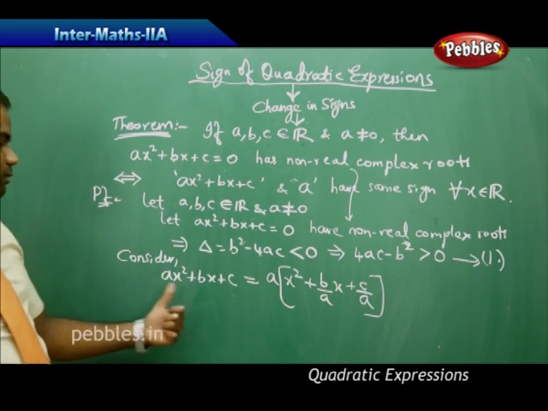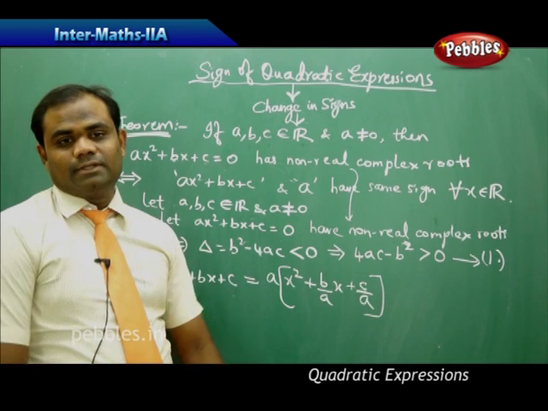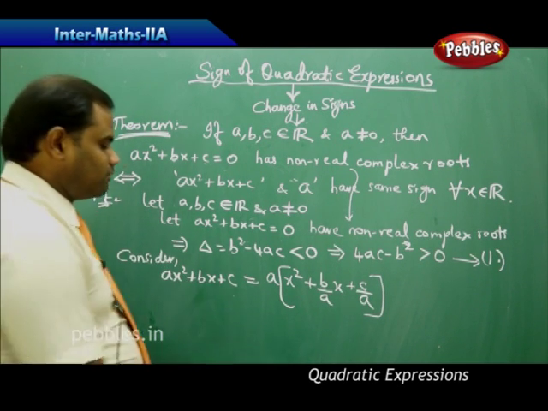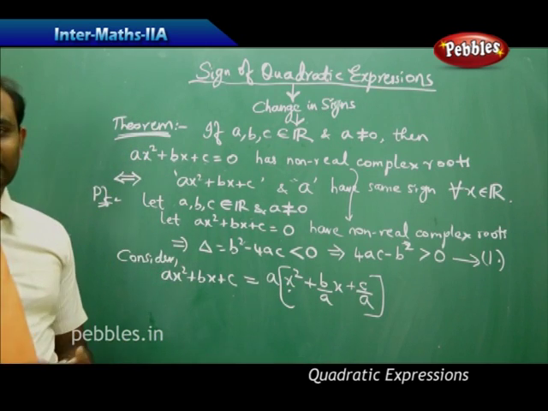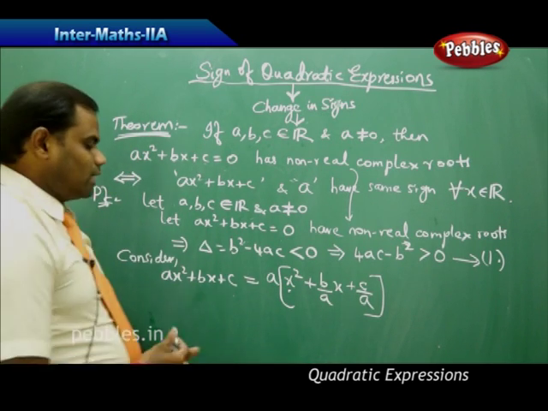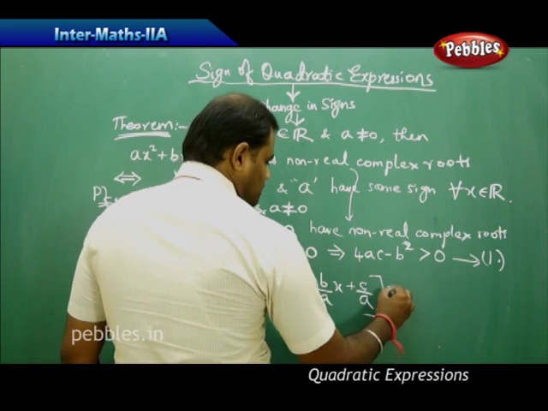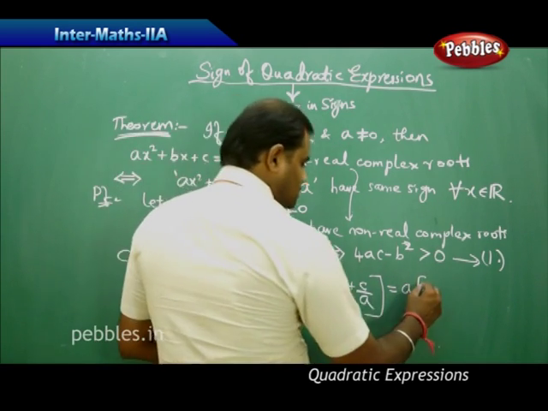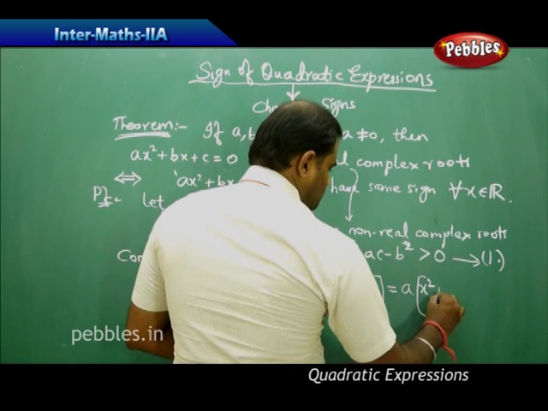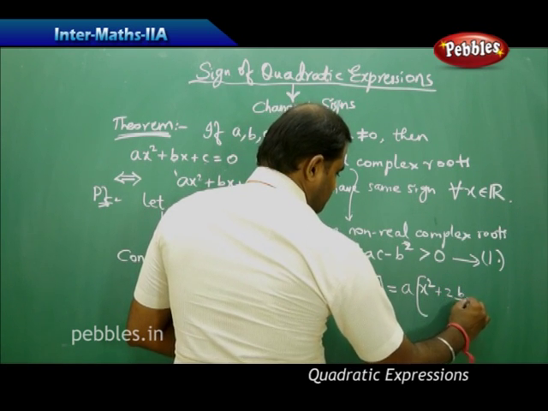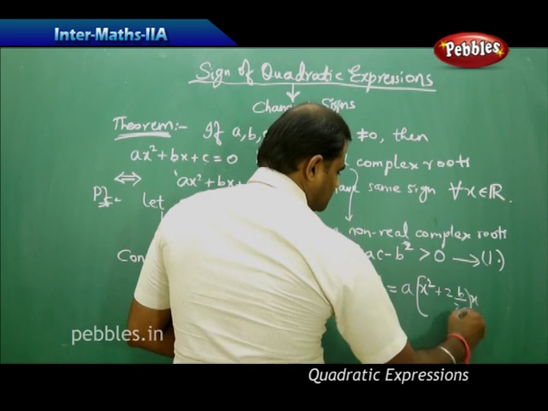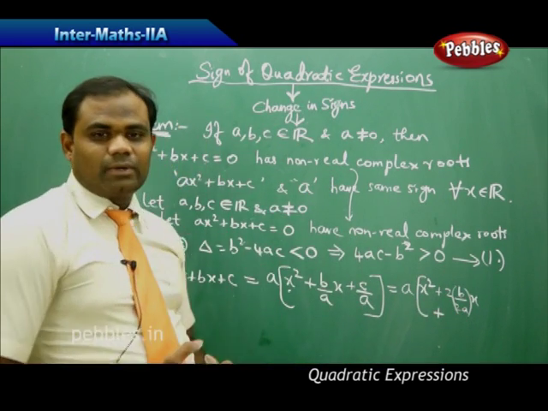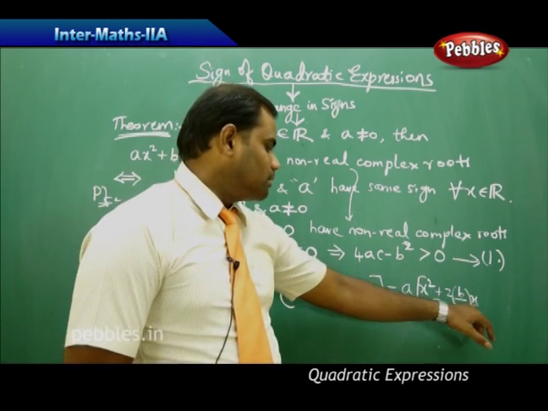When a is taken out, the remaining two terms have this form. So I am going to make this a perfect square by using the complete square form. For that, I take x squared, which stands as a squared, plus 2 times b by 2a of x, because I need a squared plus 2ab, which is 2ab.